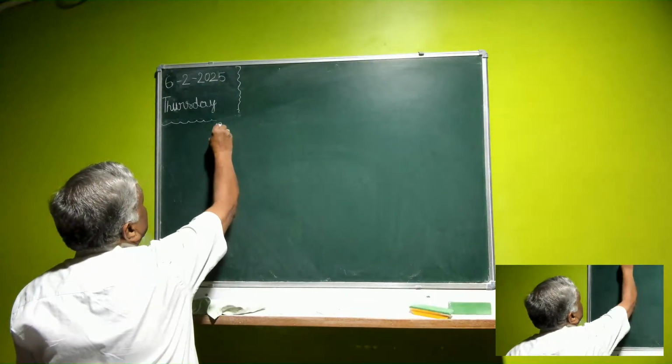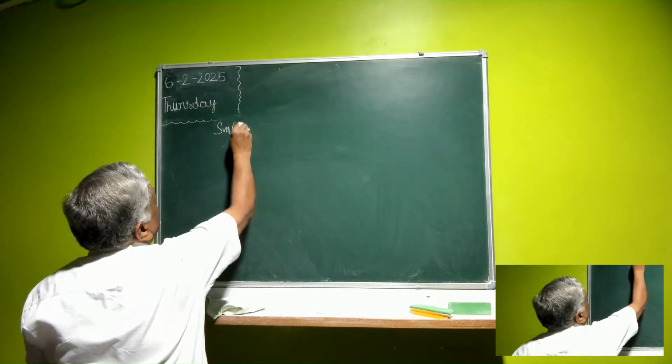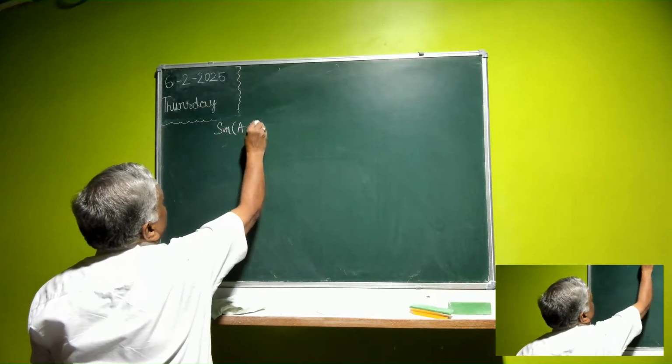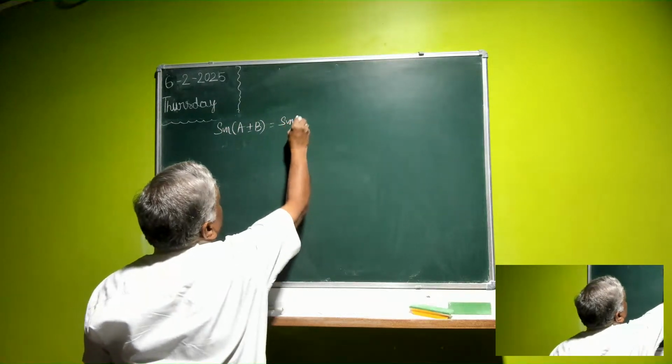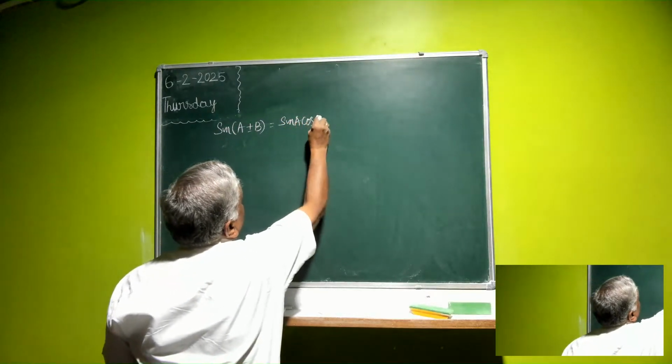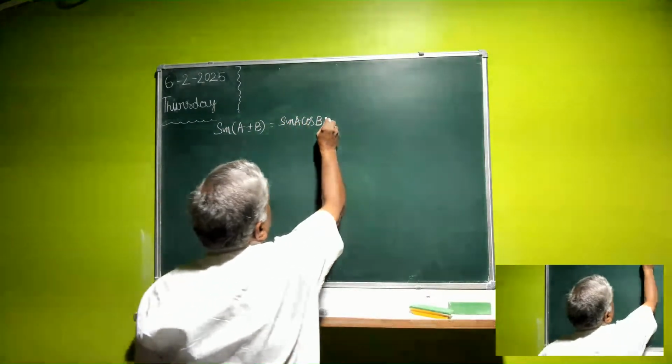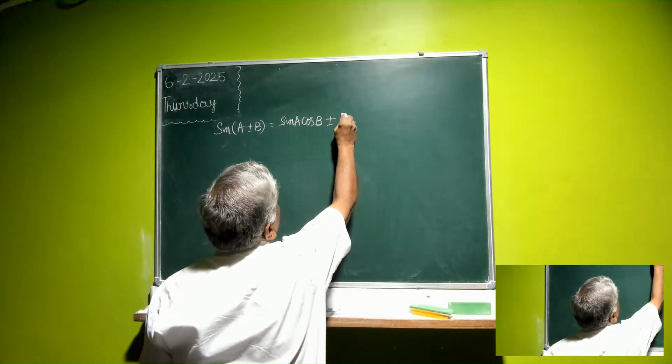First formula, sin of A plus or minus B is sin A cos B plus or minus cos A sin B. It's not that you are not familiar, but I am just repeating.